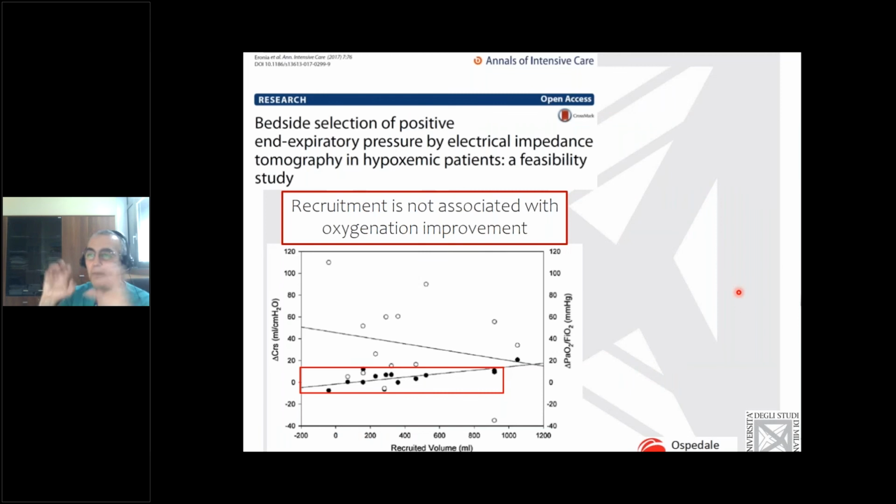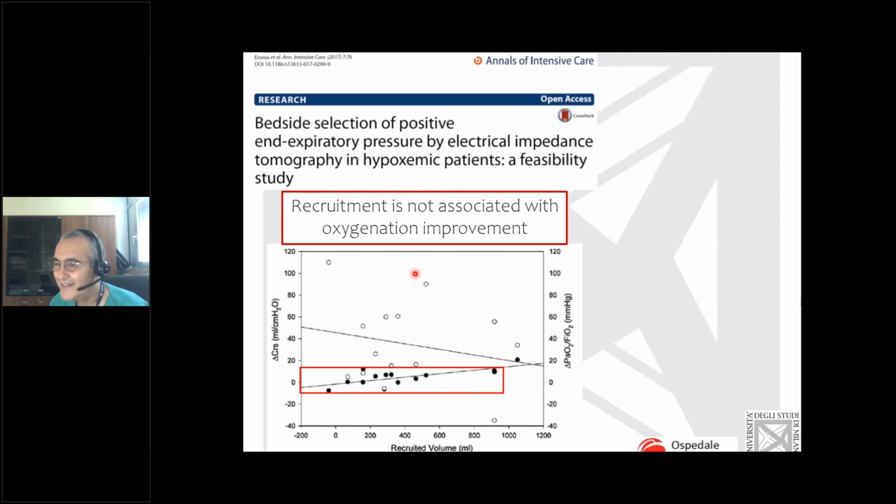If we compare using oxygenation or using compliance to evaluate recruitment, having as a gold standard the EIT, what do we end up with?